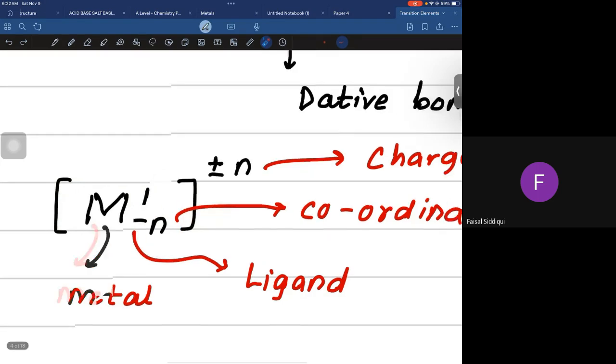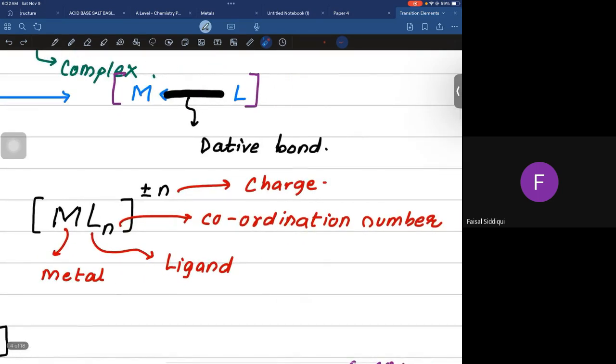This is called the coordination number, and this is the overall charge on the complex. This is how any complex will appear, definitely, 110%.